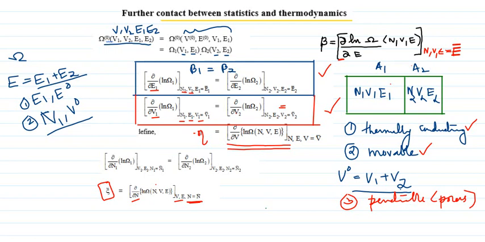So you will have three different equations, and equilibrium is attained when beta, eta, and psi are the same for all macrostates.